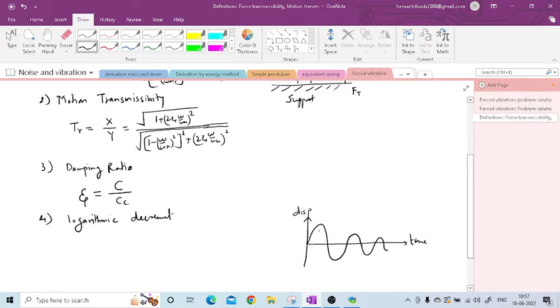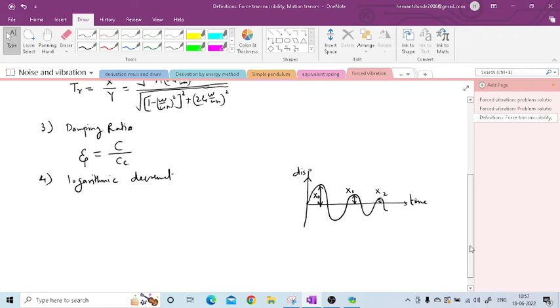So suppose this is the displacement and this is the time. Then because of the damping, the initial amplitude is x naught. After one cycle, here you can see the amplitude is reduced and that is x1. Then for the next cycle again the amplitude is reduced and it becomes x2. So in each cycle the amplitude of vibration is reducing because of the damping.